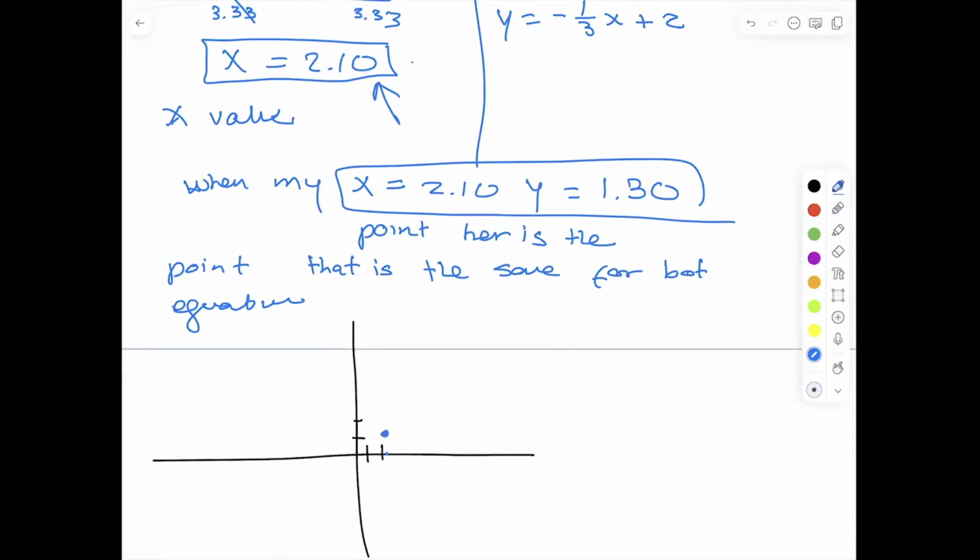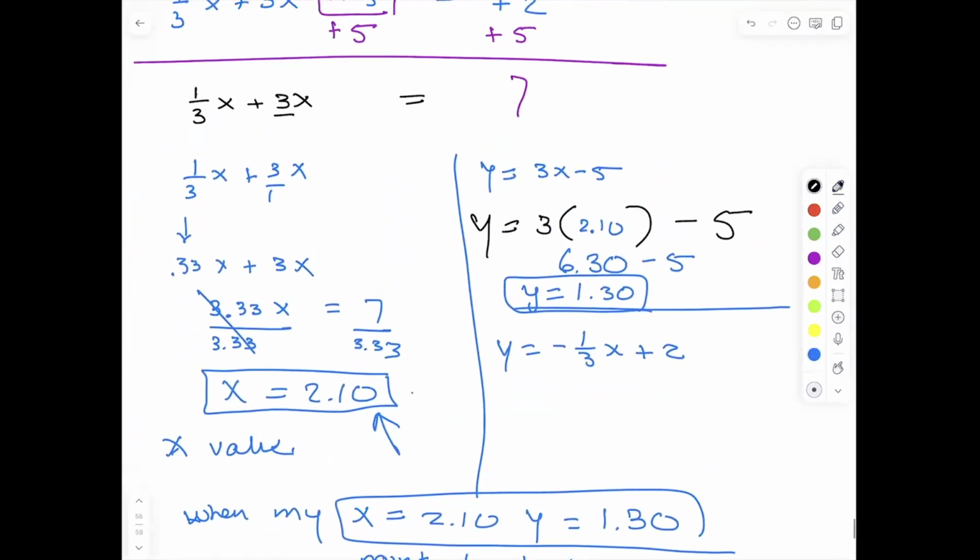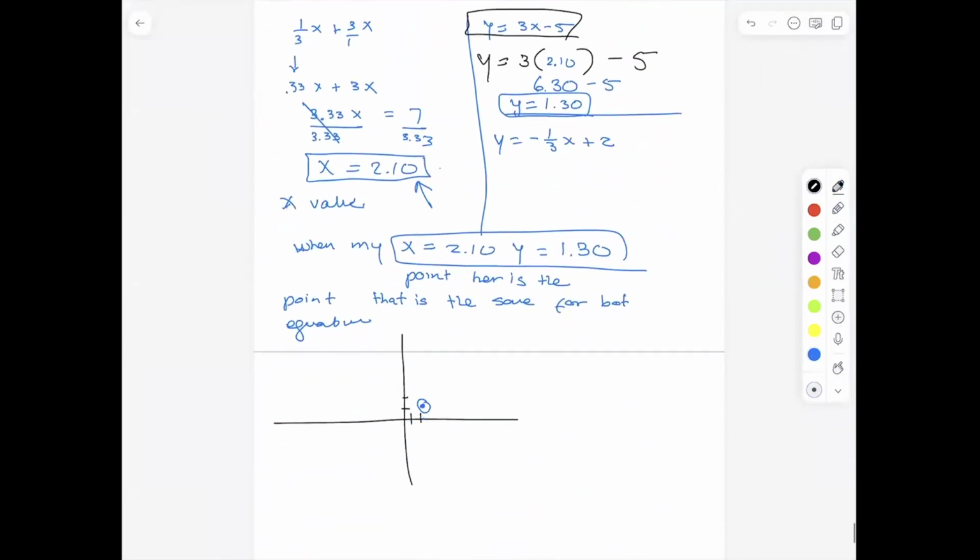So this point here is a special point. I'm going to put a circle. I'm going to draw the first graph. You're not responsible to graph it, but I just want to prove it to you. 1, 2, 3, 4, 5. That's my y-intercept. And I have a slope of what? 3 over 1. 1, 2, 3 over 1.